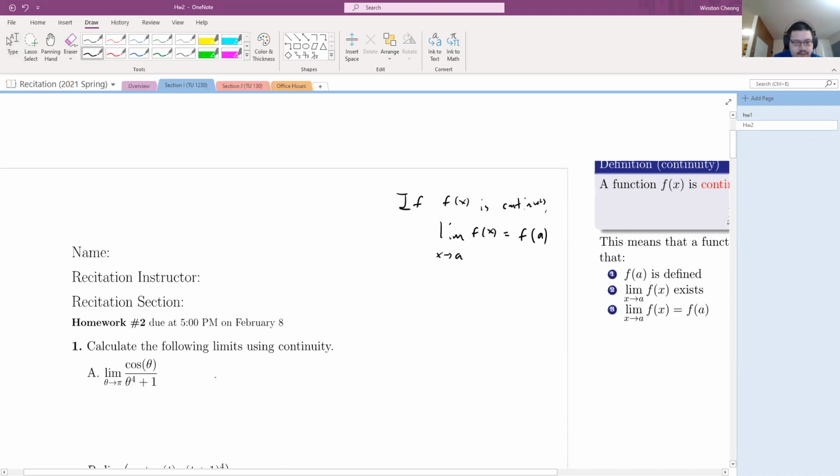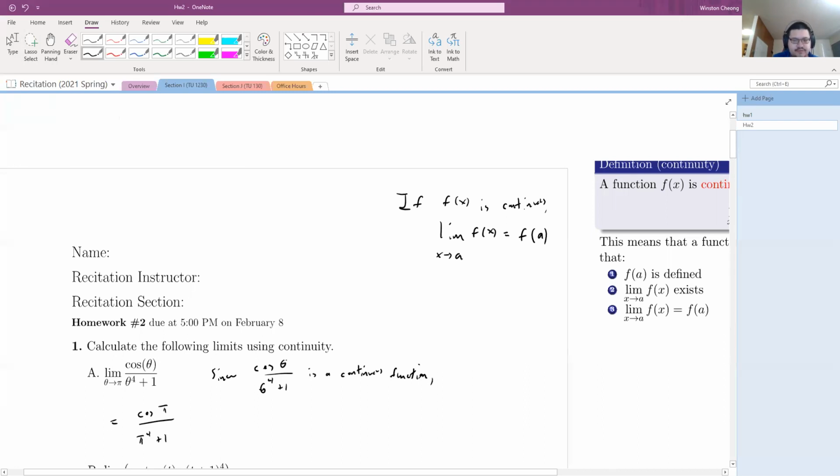So to be explicit, we would say that since cosine of theta over theta to the fourth plus 1 is a continuous function, then this limit is going to equal cosine of pi over pi to the 4 plus 1.